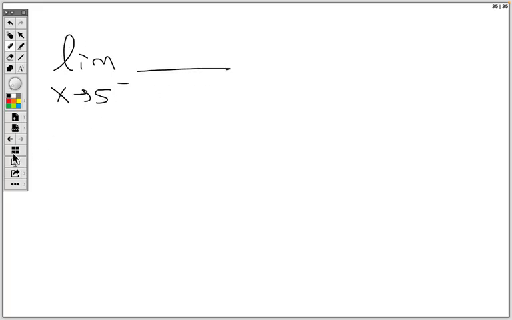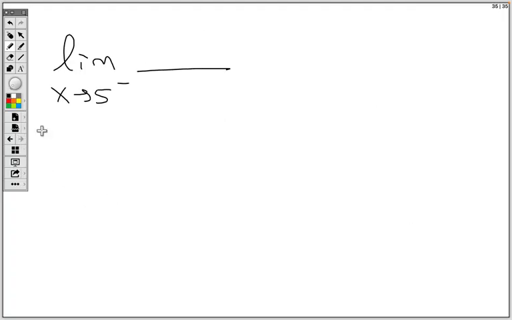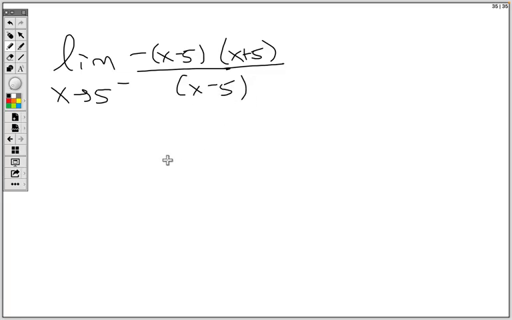So as I come into 5 from the left, I'm going to replace the absolute value of x minus 5 with the opposite of the quantity x minus 5. I still have the x plus 5 factor from before, and I've got the x minus 5 factor in the denominator. And I can cancel that out. Now use direct substitution. I'm going to have minus quantity 5 plus 5, or minus 10.